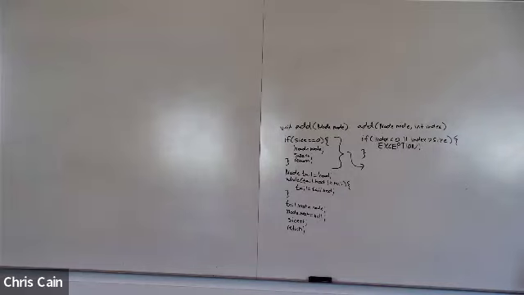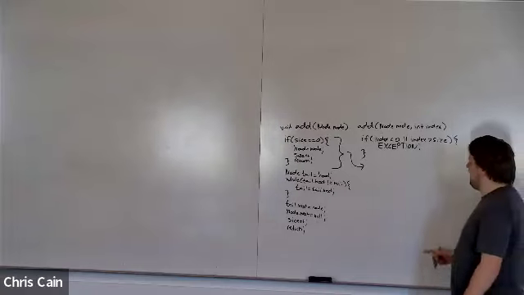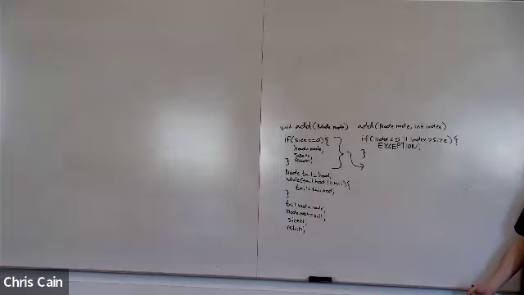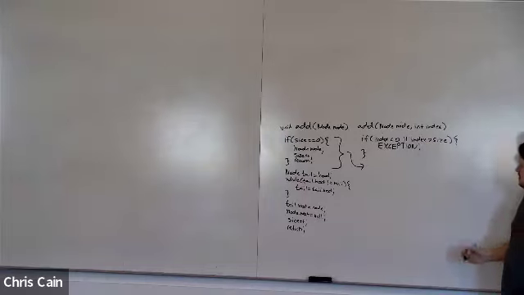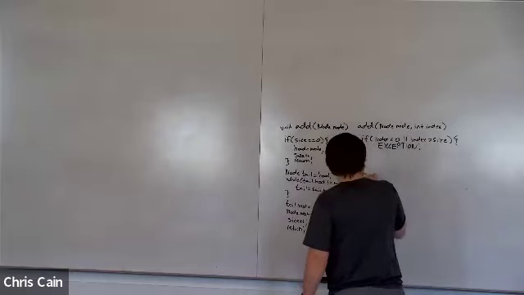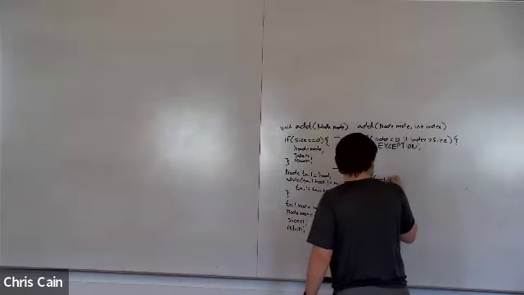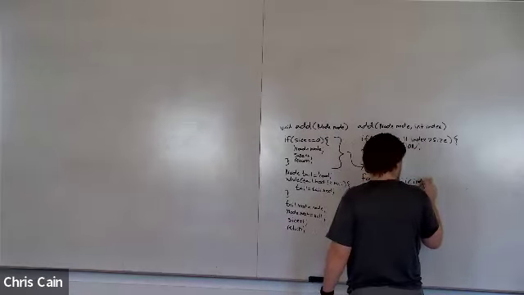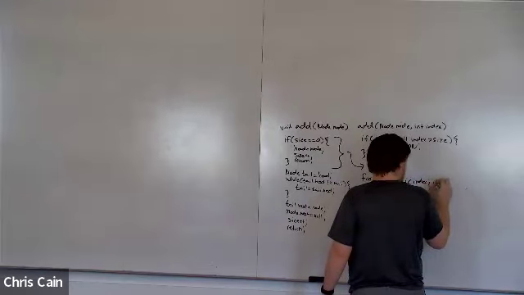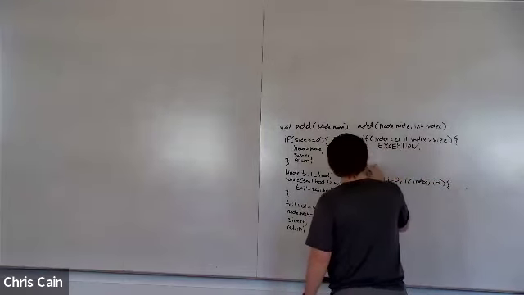I don't think anything changes. Yeah, so now we know the size is not 0. If the size is not 0, then the head is already set, so we don't need to worry about setting the head. So we need to iterate to the index. We can do that with just a for loop. Probably set some kind of current first.